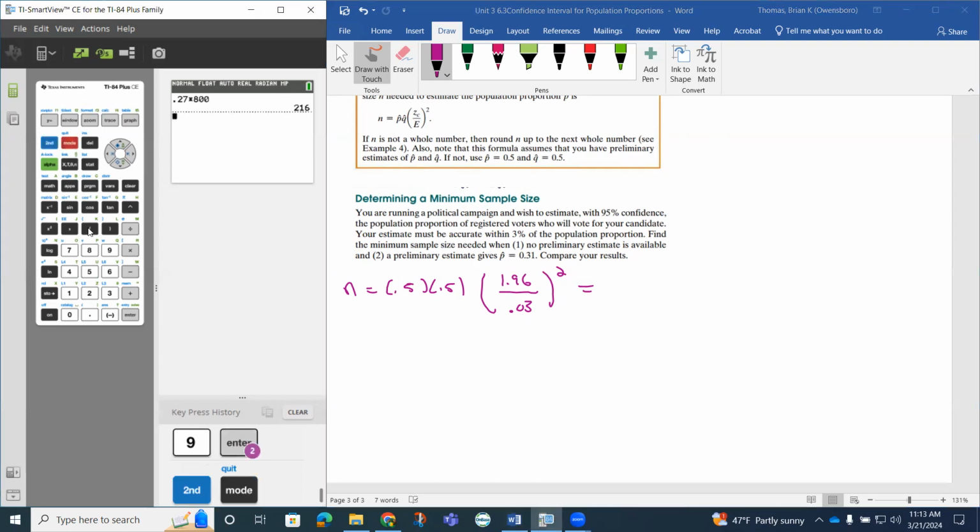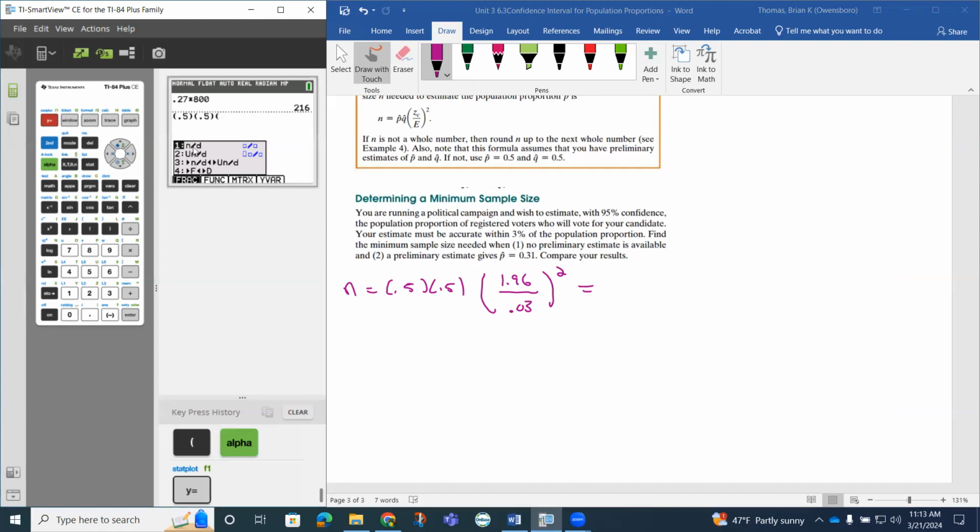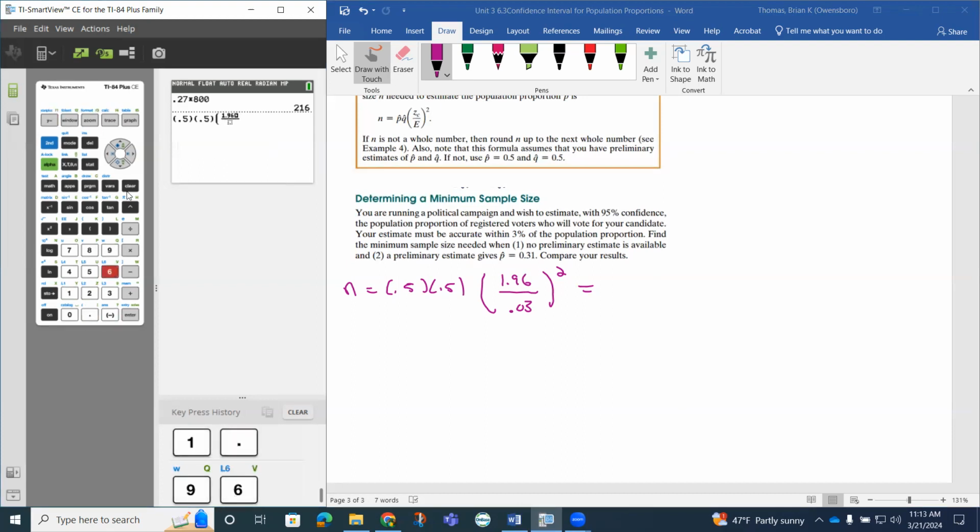So on the calculator, 0.5 times 0.5. And then I'm going to go ahead and use those fractions again. So I'm going to hit the alpha button, then the Y equals button to activate this little menu up here under F1. I want to use the N over D. So I'm going to put this 1.96 here, and then 0.03 at the bottom.